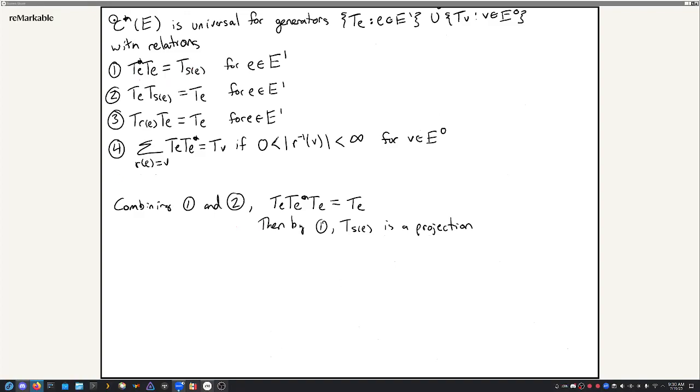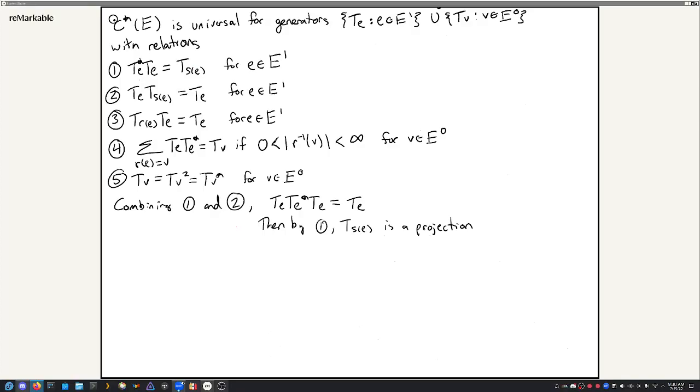So quickly, just going to add this extra condition. Each T sub V does need to be a projection. It's my mistake.